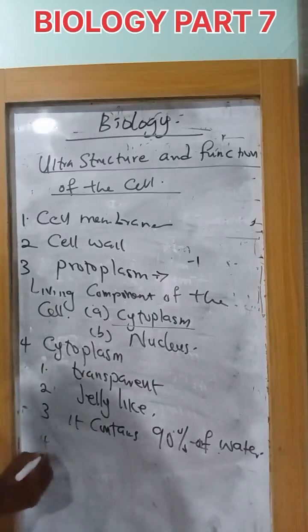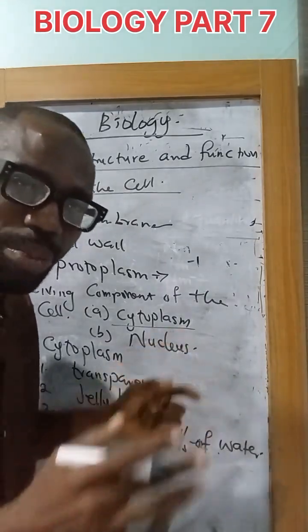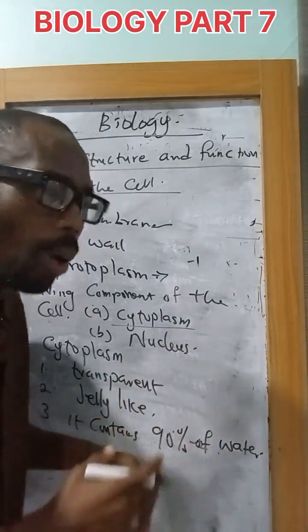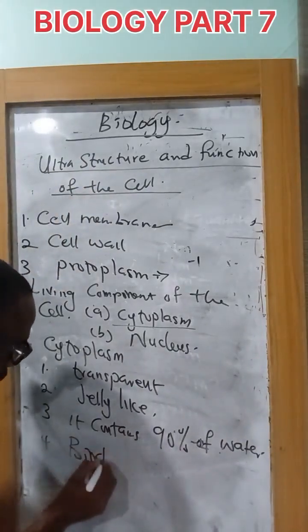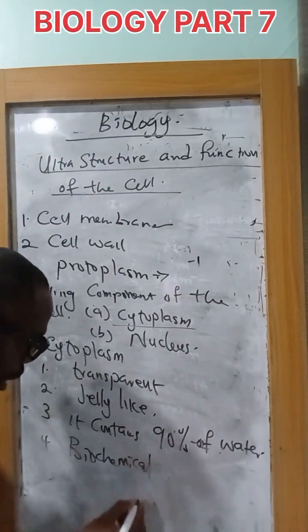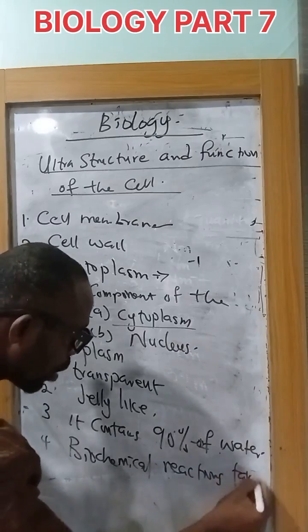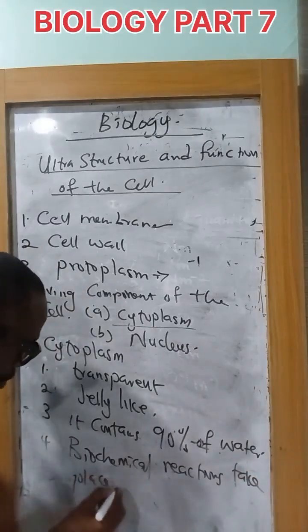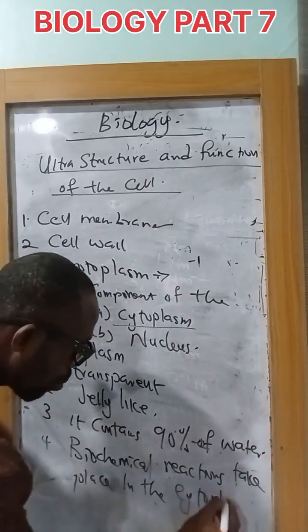Another very important thing about the cytoplasm is that all biochemical activity, all biochemical reactions, take place in the cytoplasm. Write it down: biochemical reactions take place in the cytoplasm. So this organelle is very important.